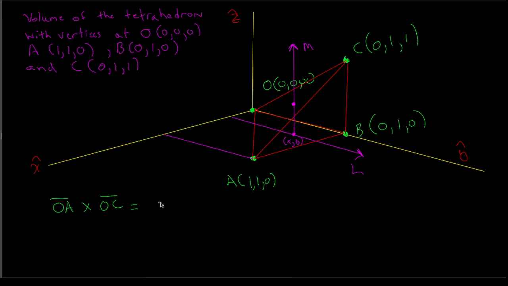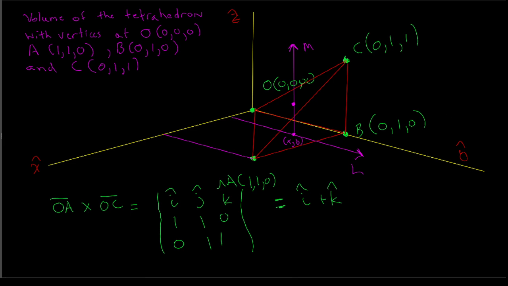So the cross product is going to be OA, which is 1, 1, 0, and OC, 0, 1, 1. And if we take our i components, we get i hat, 1 i hat, 0 j hats, and a positive k hat.